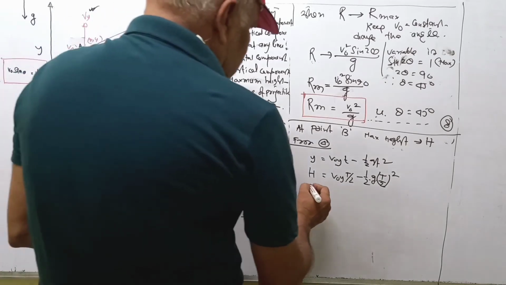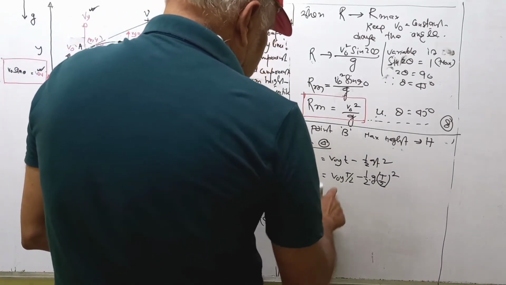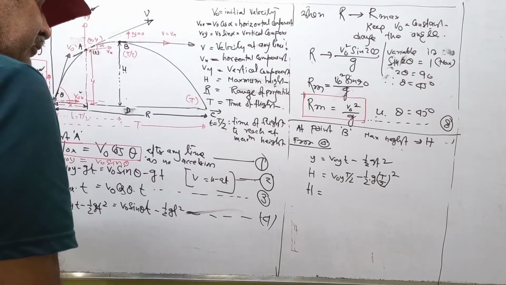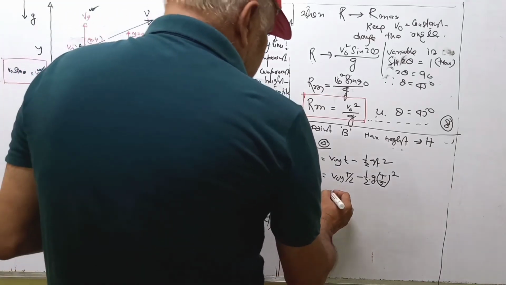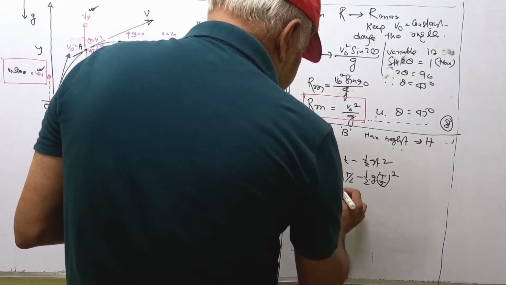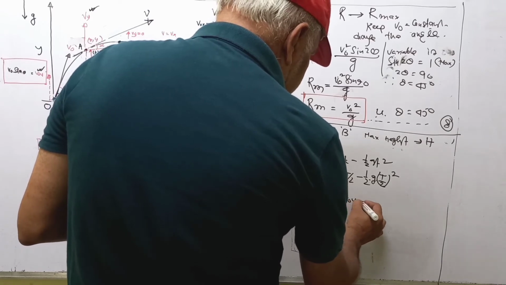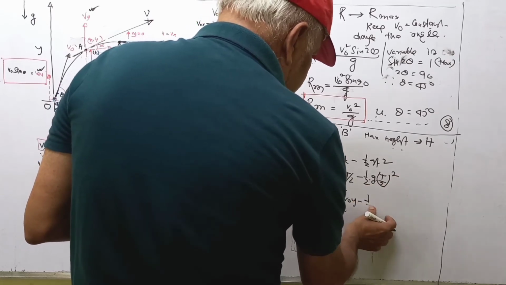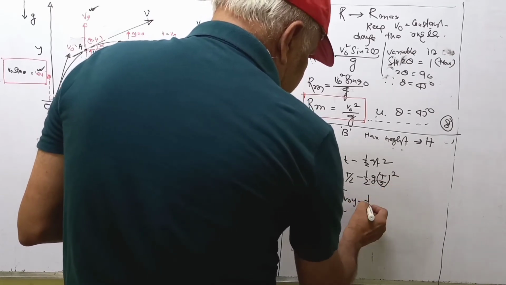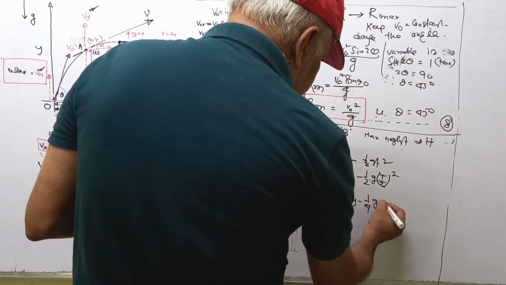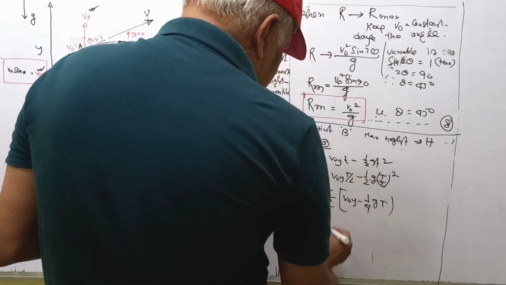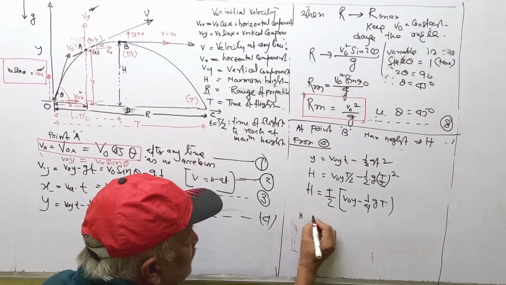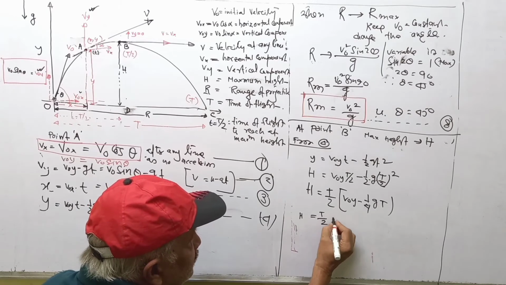Now let us take the common factor t by 2: h equal to t by 2 into v0y minus half g t by 2.